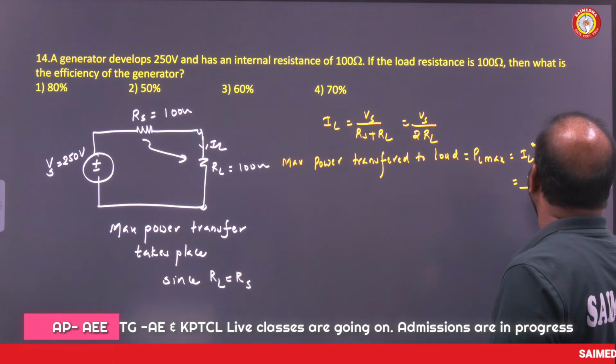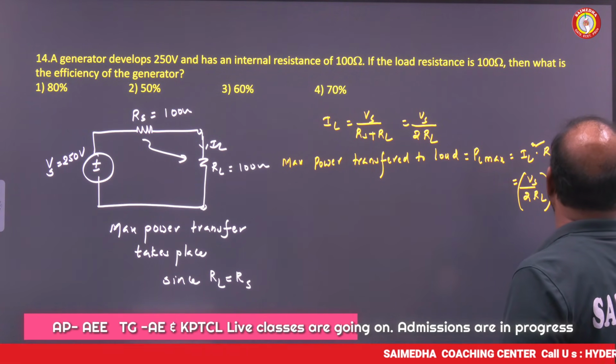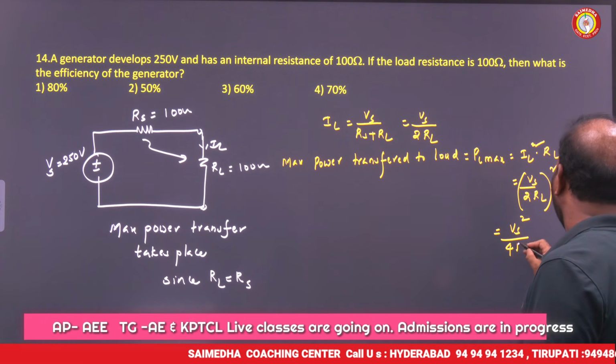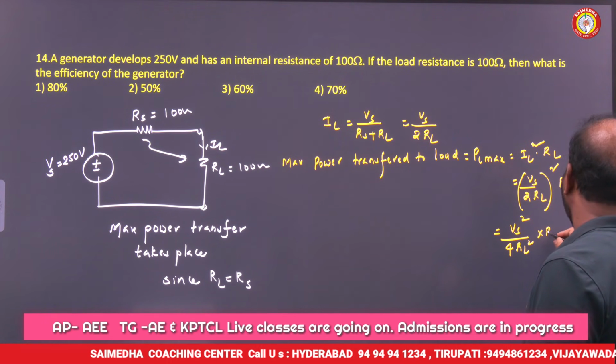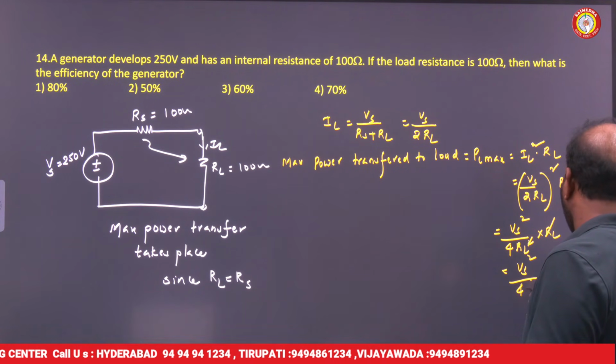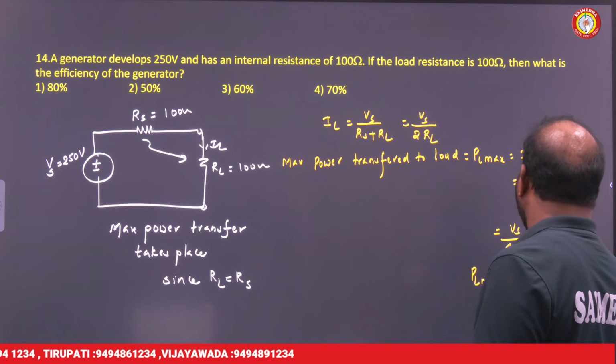So Vs by 2RL whole square into RL means Vs square by 4RL square into RL. RL gets cancelled, so Vs square by 4RL. So this is the maximum power delivered to the load.